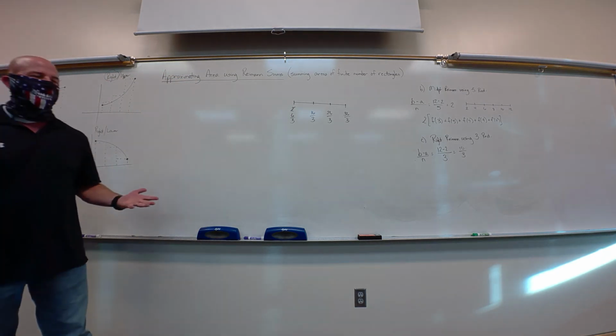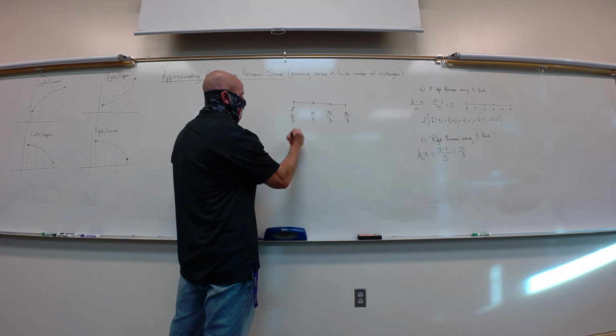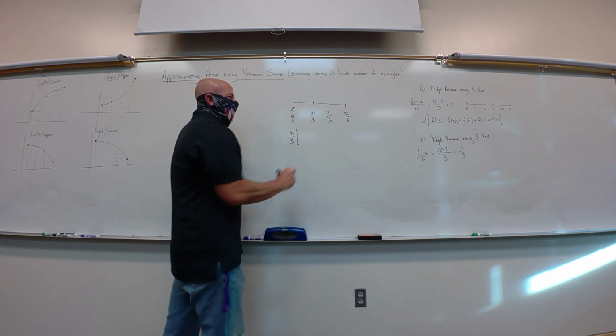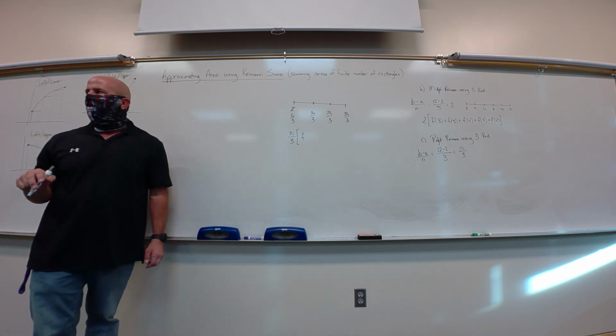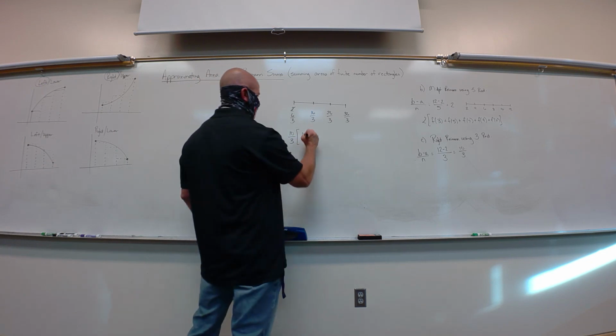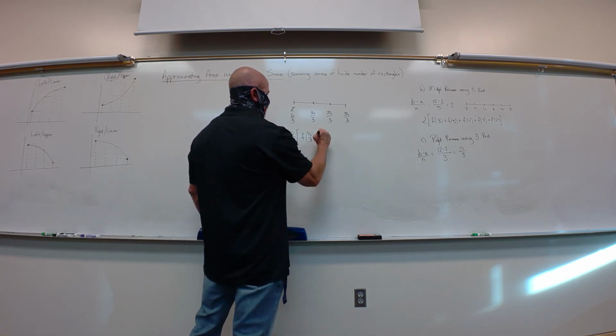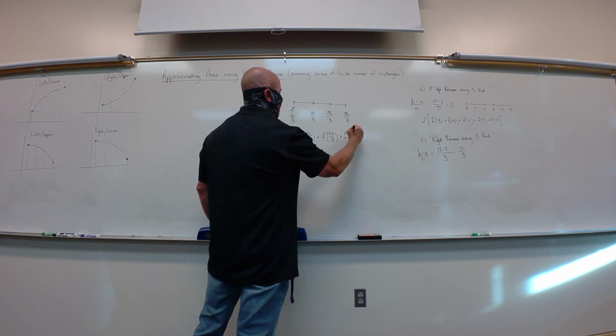You have all the pieces, right? Your width is 10/3. f of, would I start with 6/3 or 16/3? 16/3, because it's on the right side. Plus f of 26/3. Plus f of 36/3.